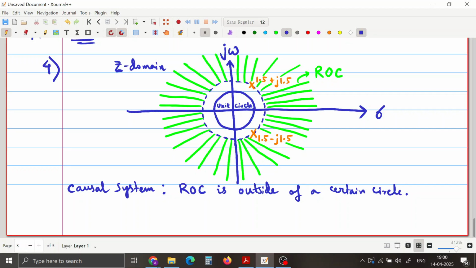That's the condition for the ROC of a causal system. That's regarding causality. And regarding stability, for a stable system, the ROC must contain the unit circle. In other words, the unit circle should lie within the ROC.